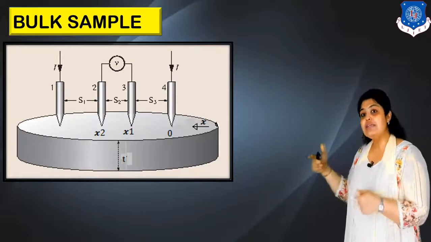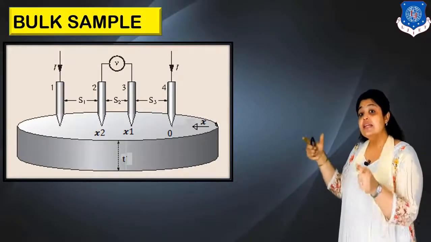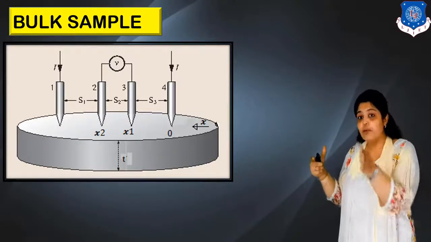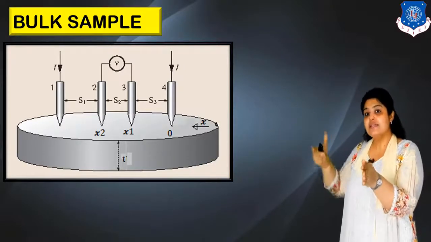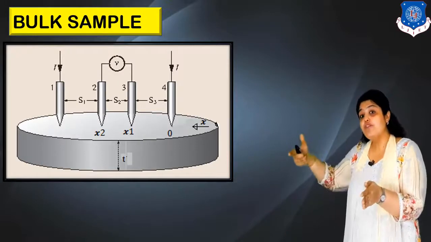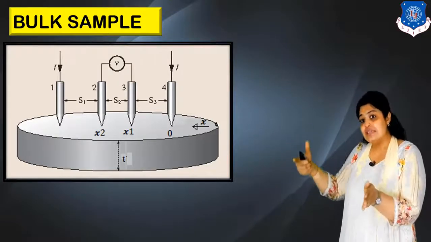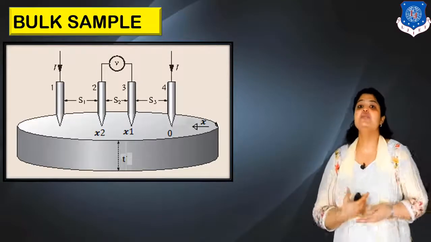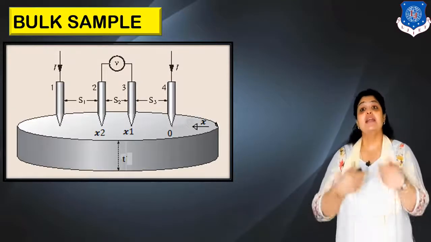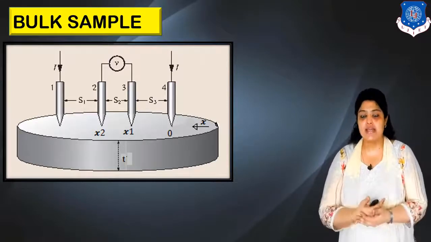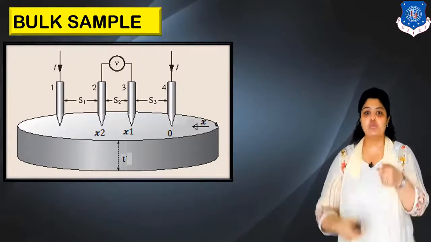So according to this assumption, I can say that the distance of probe number 3 on the x-axis is S, but the distance of probe number 2, that is the distance of x2, is S plus S, which gives us 2S. So while calculating the differential resistance, we will be taking the limits as x1 and x2, that is S to 2S.